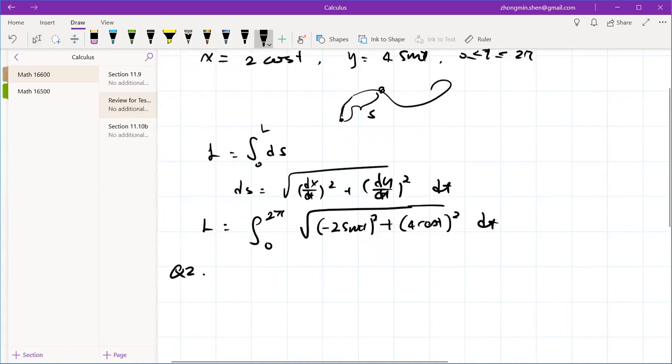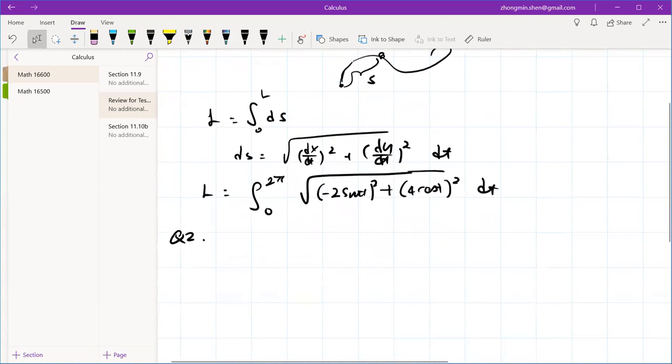Now for the second problem: sketch the graph and find the area of the region enclosed by this curve. So this is a graph. Sketch the graph, with r equals 3 plus 2 cosine theta.